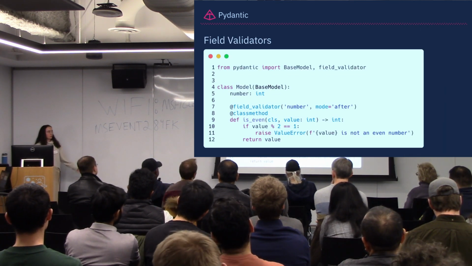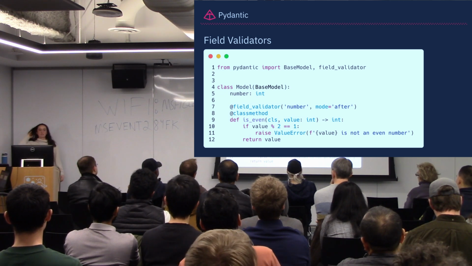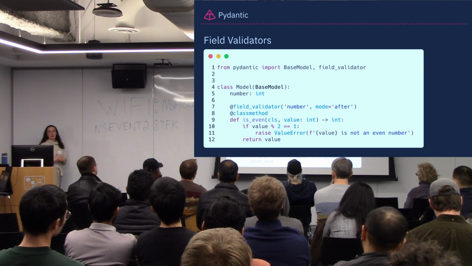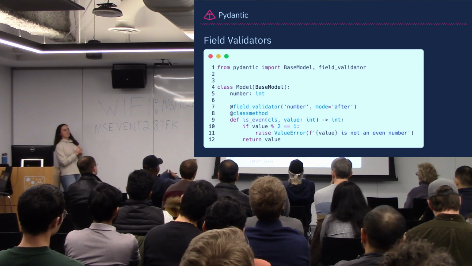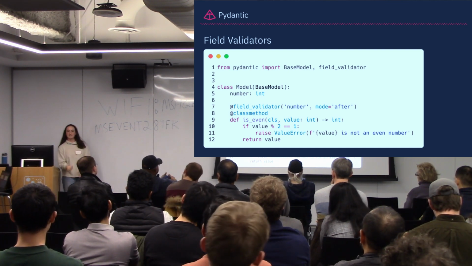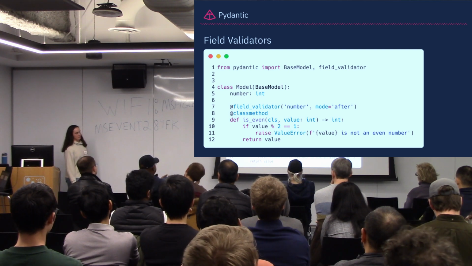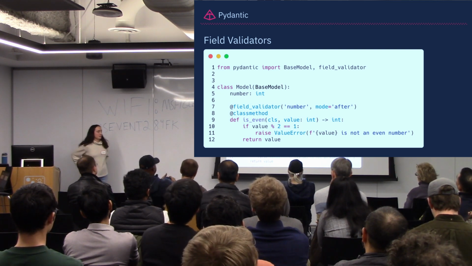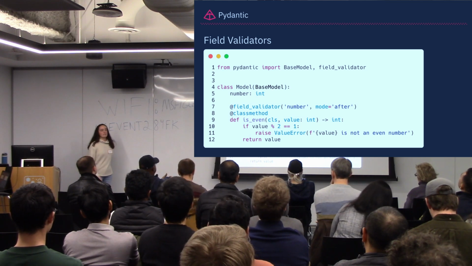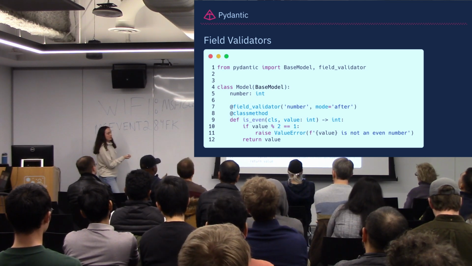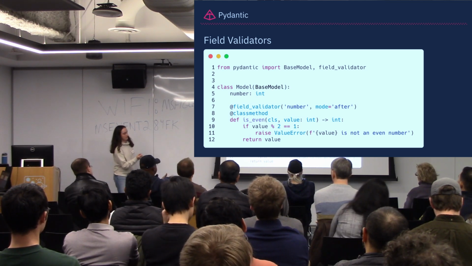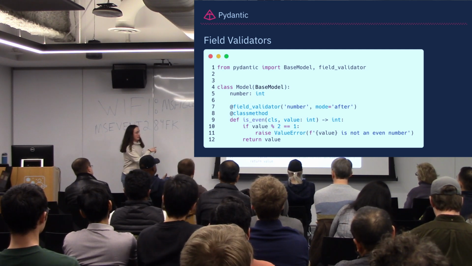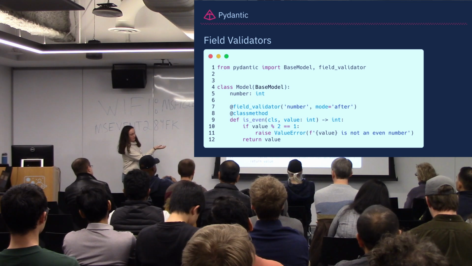Okay. So the great power in Pydantic comes from its customizability. We try to give you this structure with which you can develop and be confident in your data, and then we send you off to build custom validators and things like that that really suit your needs. I have this number as a part of my model, and I want to determine if it's even. It's very easy for me to write a validation function, specifying that I want it to apply to the number field, and then I confirm whether or not the number is even.